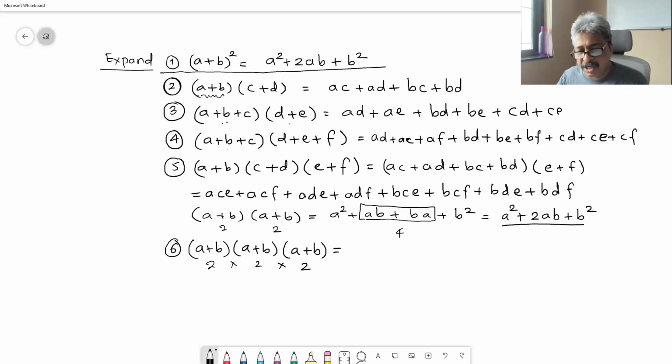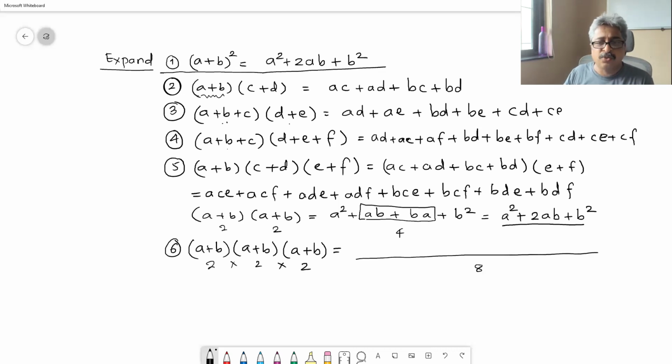So there we expect a total of 8 terms here, 2 raised to 3. That is what had happened here. 2 into 2 into 2, total 8 terms. Here 3 into 3, total 9 terms. That is our observation. 3 into 2, 6 terms in this case. 2 into 2, 4 terms in this case.